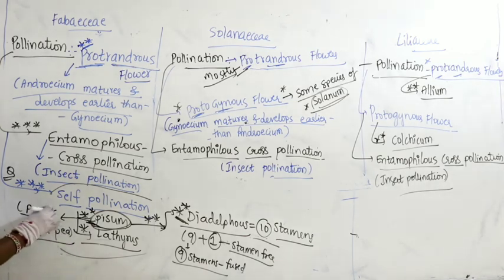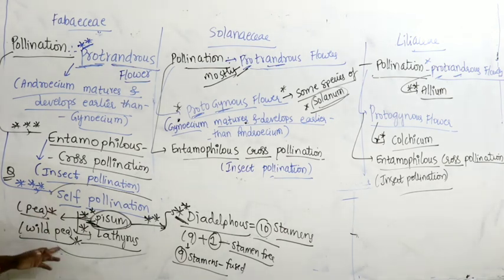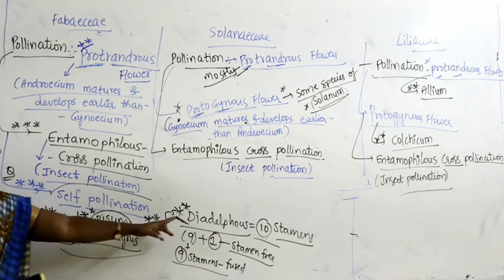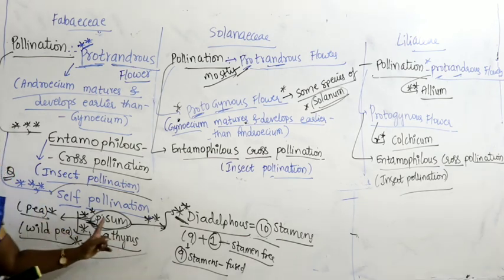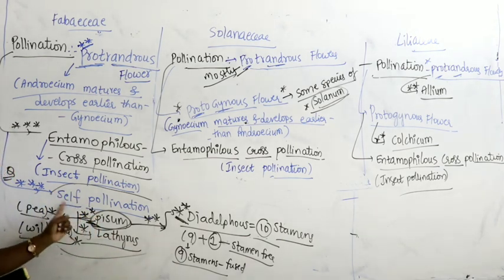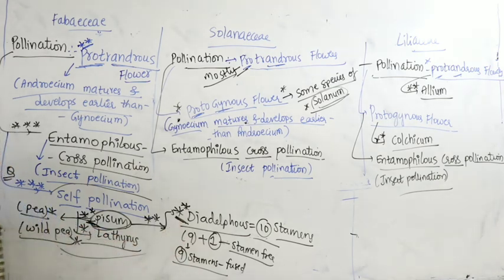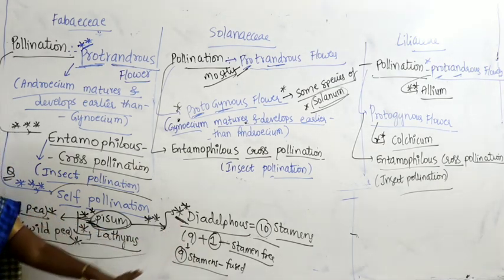So both are pea varieties and generally exhibit self-pollination. Remember, out of the two, Pisum has the diadelphous condition. Pisum exhibits two important conditions: self-pollination and diadelphous, 9 plus 1, where 9 are fused and 1 is free.